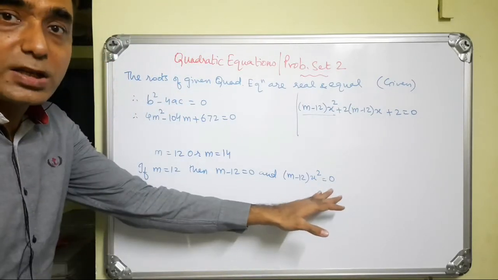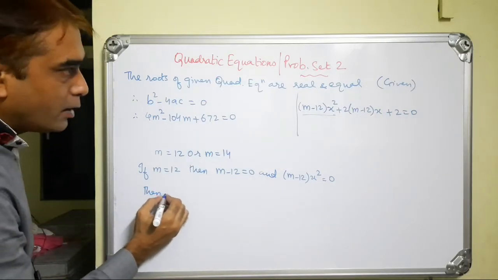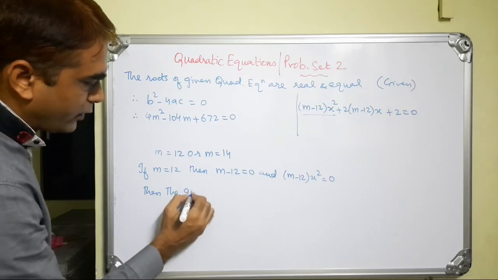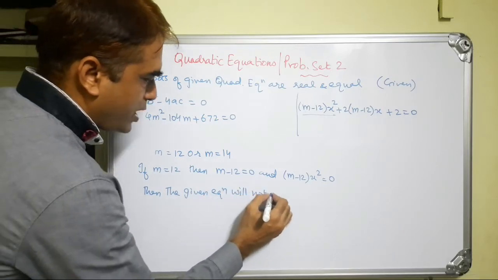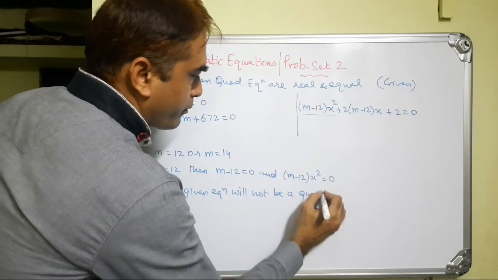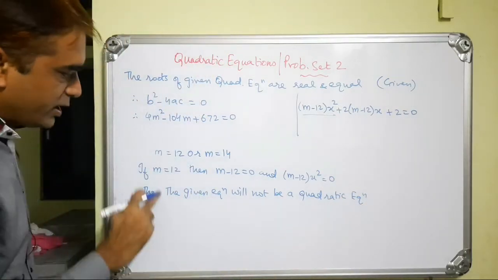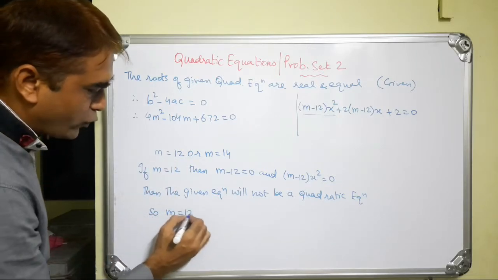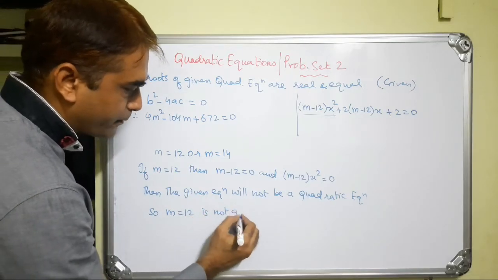If this is the case, then the given equation will not be a quadratic equation. So this m equals 12 is not acceptable. So m equals 12 value is unacceptable.